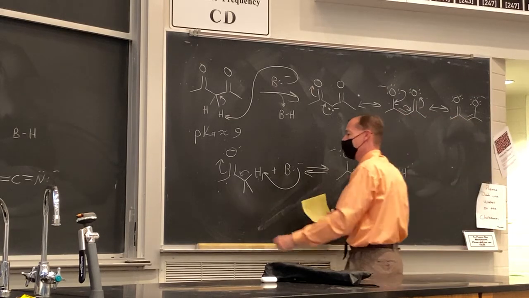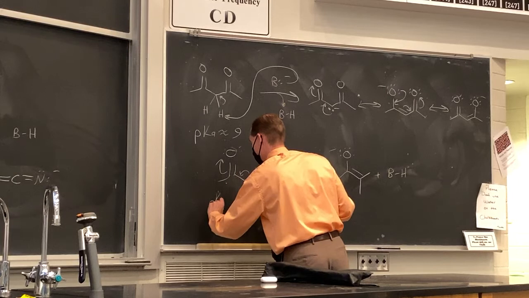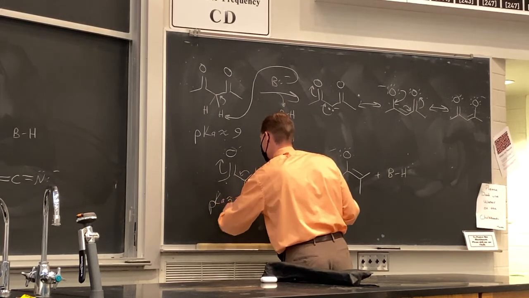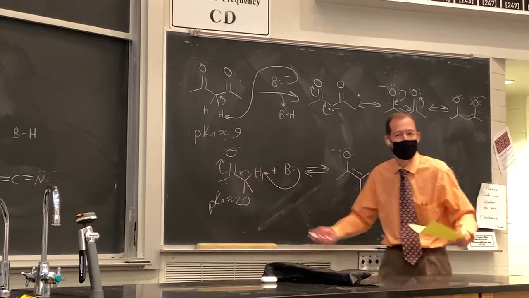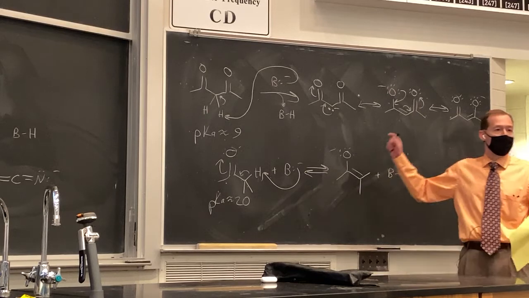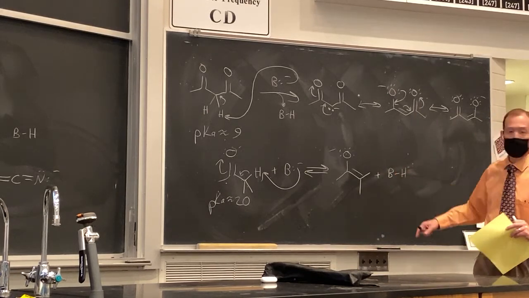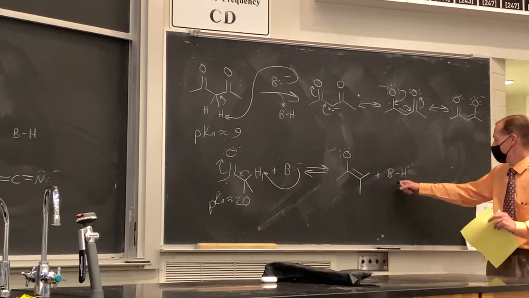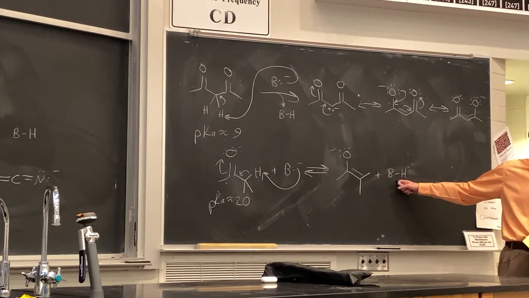The pKa of our ketone is close to 20, right? 19.2 for acetone. We'll just say it's close to 20. So if we want this equilibrium to be favorable, what does the pKa of our conjugate acid need to be?